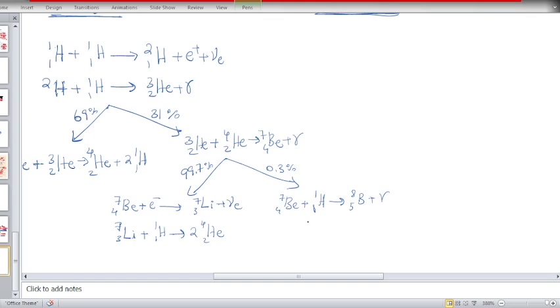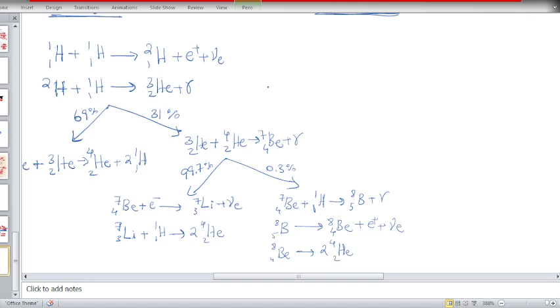This boron 8 will become beryllium 8 plus a positron, which is nothing but a positive beta decay process, and then that beryllium 8 will become 2 helium 4. So these are different types of interaction.